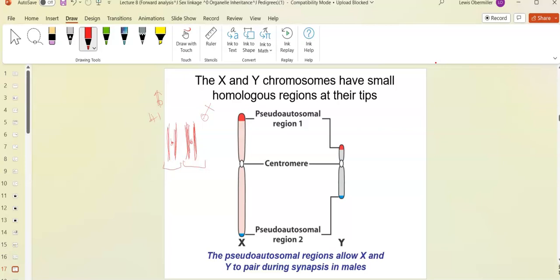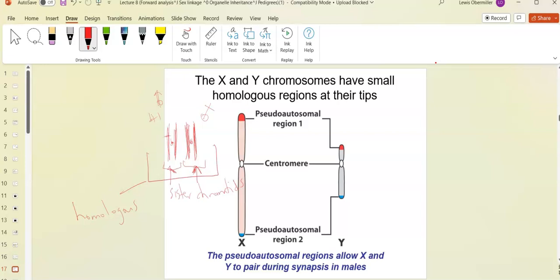So these are sister chromatids. By that, I mean this is a sister chromatid, this is a sister chromatid. These together, all 4 of them, are homologous.